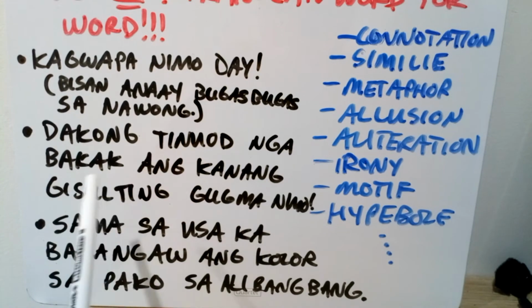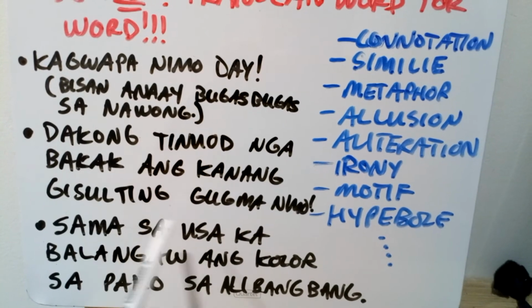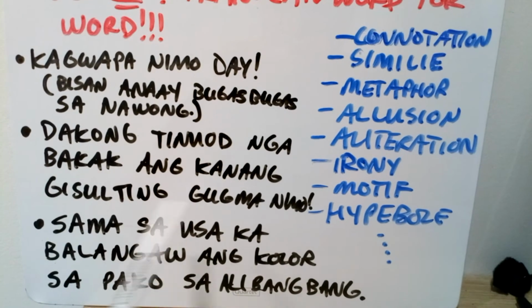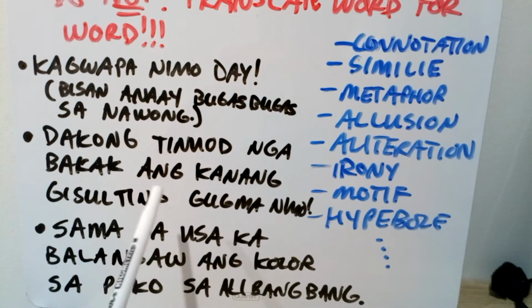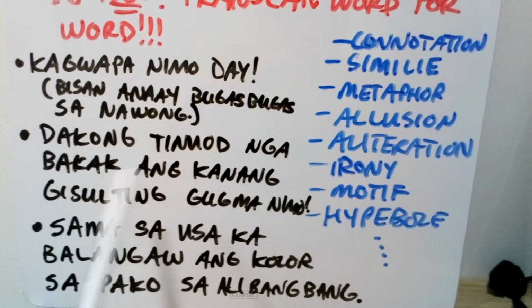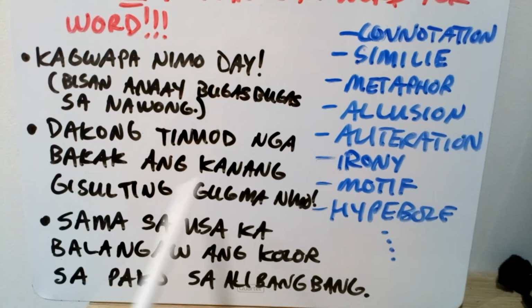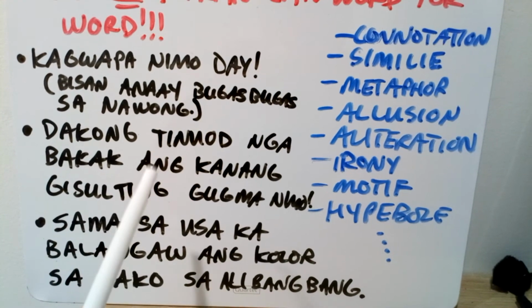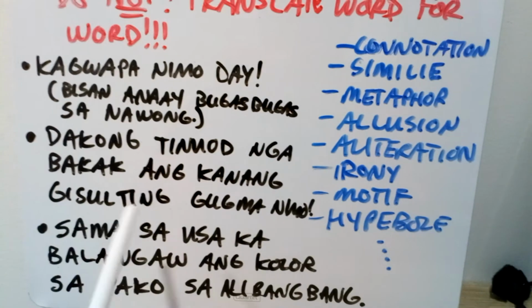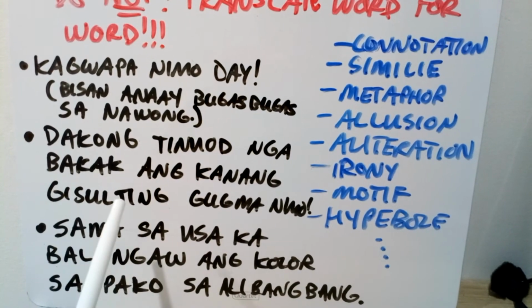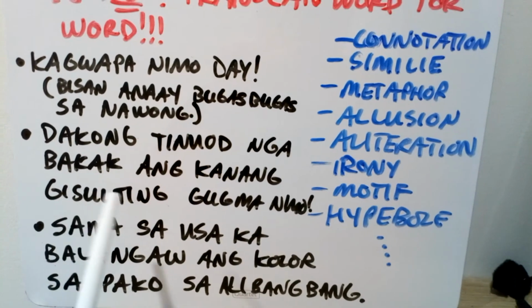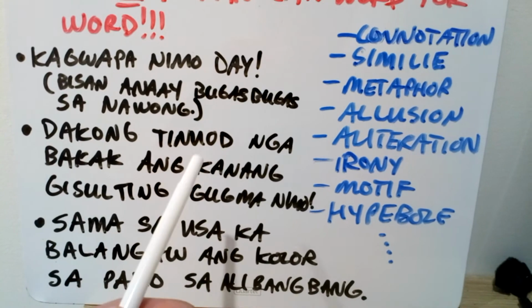Dakong tinuod nga bakak ang kanang gisulting gugma nimo. So this person is telling big truths of a lie about love, right? I forgot what this one's an example of, but it's two contradicting things, said in a sarcastic way.